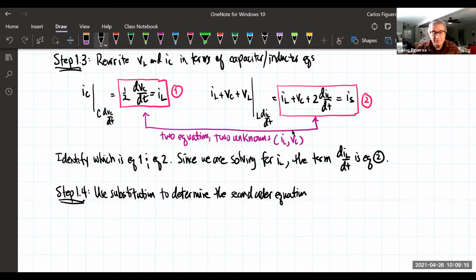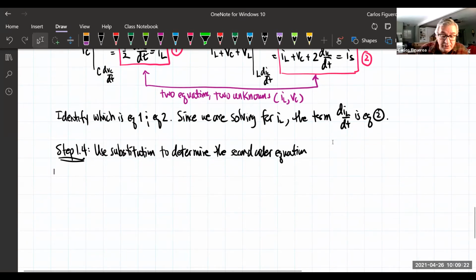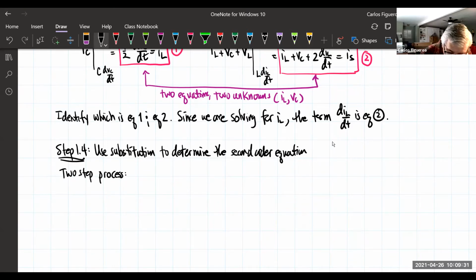Okay, so here's why it's worth labeling them 1 and 2 here. There's a 2-step process. So the first step is that you need to solve for VC in equation 2.